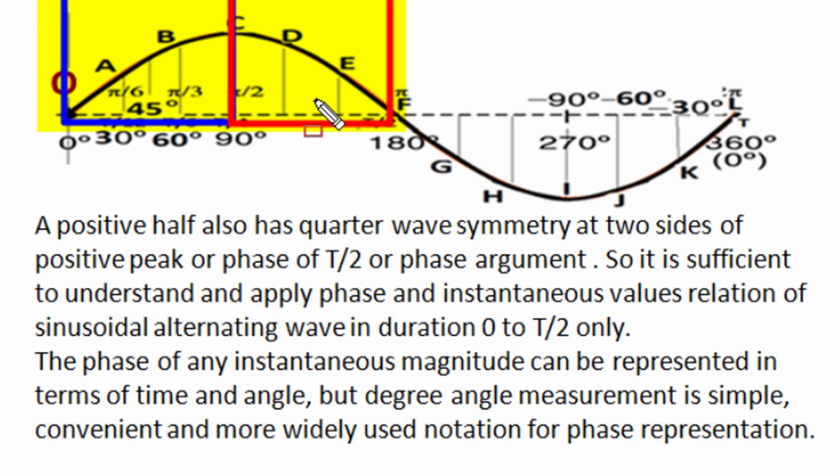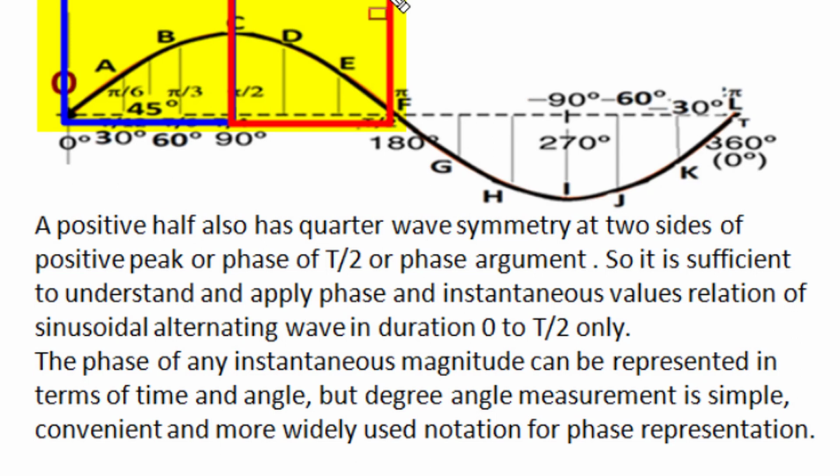As explained earlier, we can explain phase in terms of both time and angle, but angle measurement, that too in degree system, is most convenient to represent position or condition of instantaneous magnitude in terms of phase. So for phase representation of instantaneous magnitude, we preferably use degree angle system.